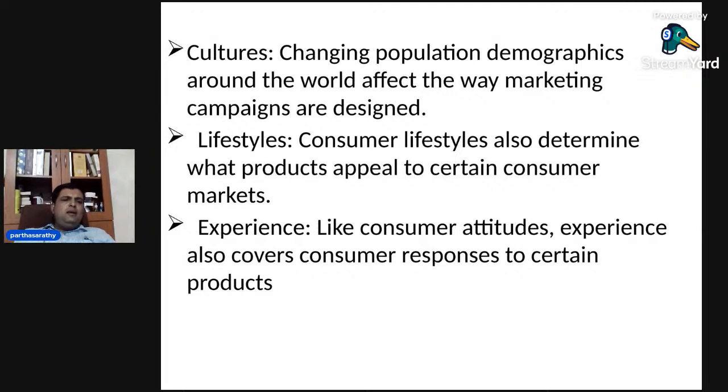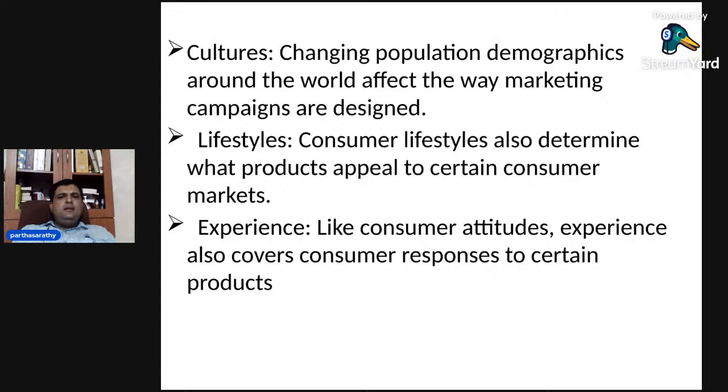With respect to color and culture also, in India, yellow is considered very auspicious and black is considered not so auspicious. In some other countries, black is considered auspicious. So there are a lot of cultural barriers, or cultural diversification, that affect the way a marketing campaign is done.